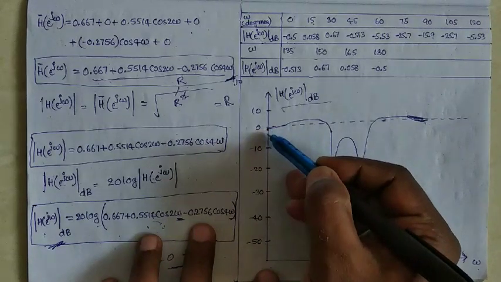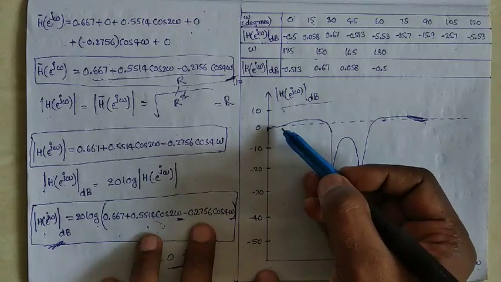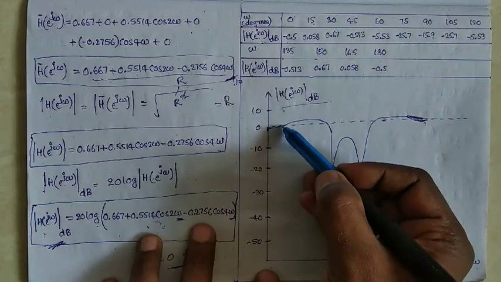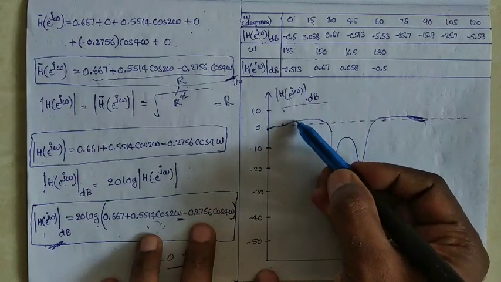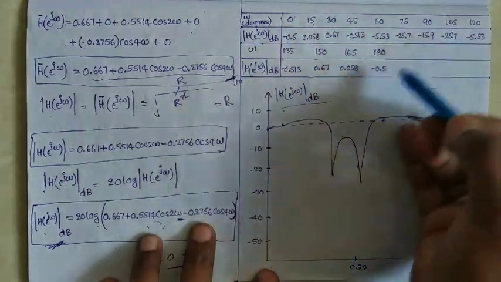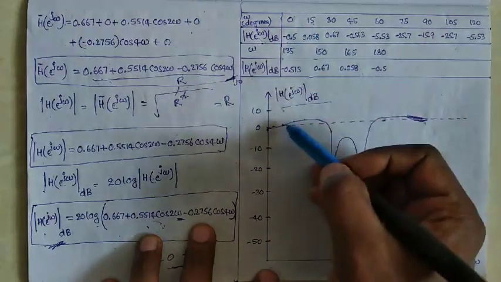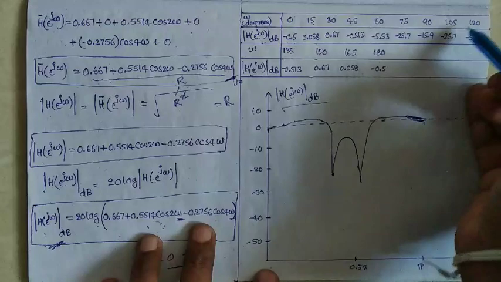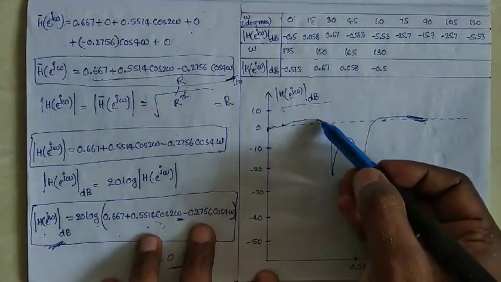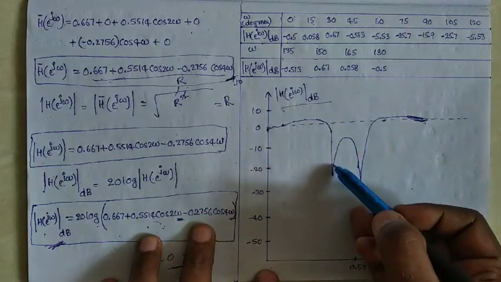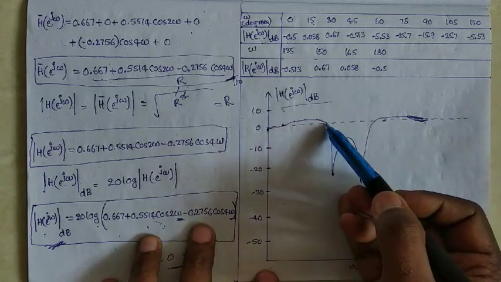Similarly at 15 degrees, it is 0.058, like this. We locate all points corresponding to those frequencies and their decibel magnitudes, observe the points in the plot, and join all those points by a smooth line.